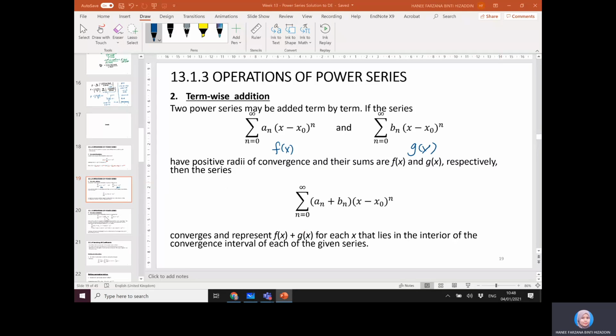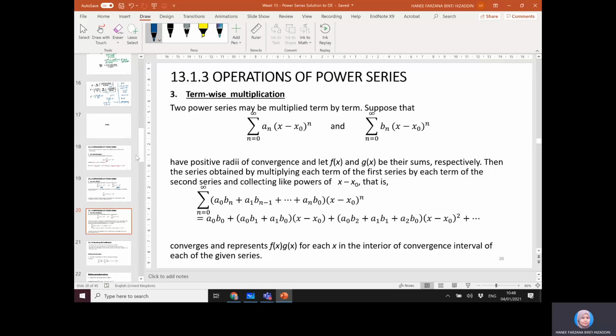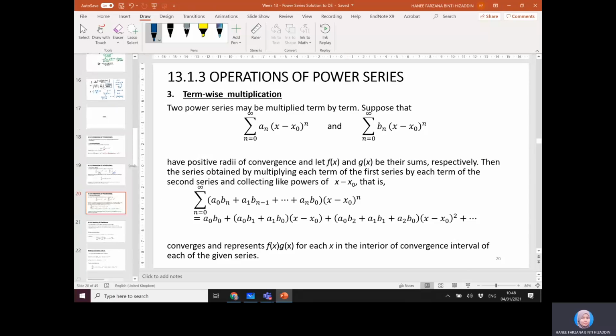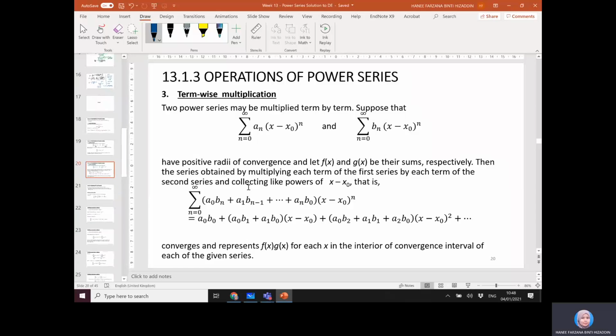The next operation that you can do with power series is term-wise multiplication. Power series may be multiplied term by term. Suppose you have these two power series, A and B, starting at the same point, n equals 0 for both, and both have the same indices, (x minus x naught) to the power of n.